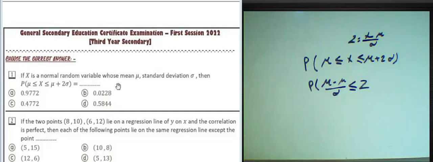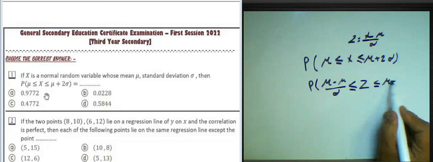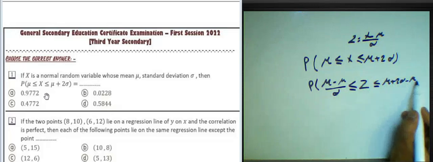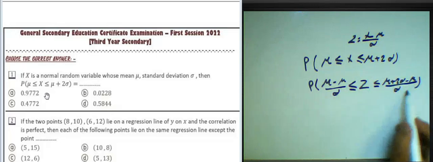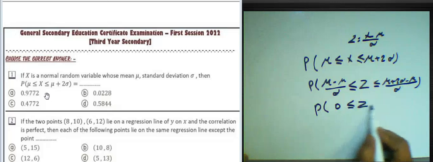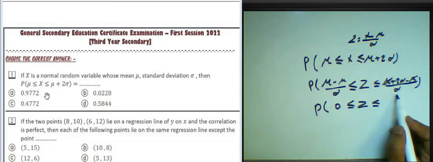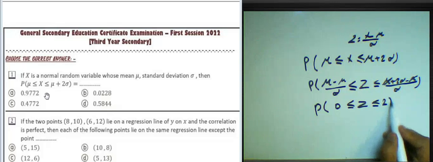And here, mu plus 2 sigma minus mu divided by sigma. Then mu minus mu equals 0, divided by sigma equals 0, less than or equal to Z less than or equal to, mu minus mu cancels, 2 sigma divided by sigma equals 2.